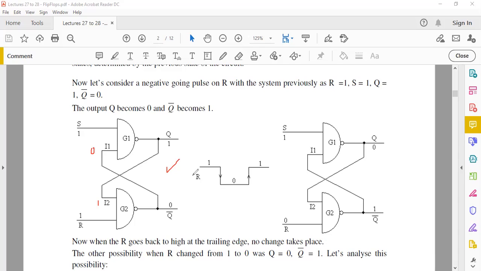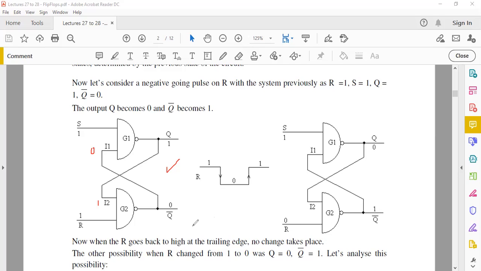Now in this state, because R is currently high, you send a negative pulse like this. So your R just goes to 0 momentarily. Your R was 1, it became 0. So what happens now? Let's study how the circuit behaves. If one of the inputs to your NAND gate is 0, the output has to be high.